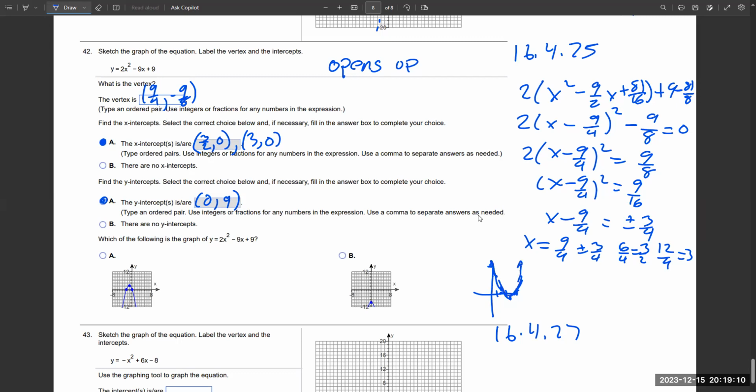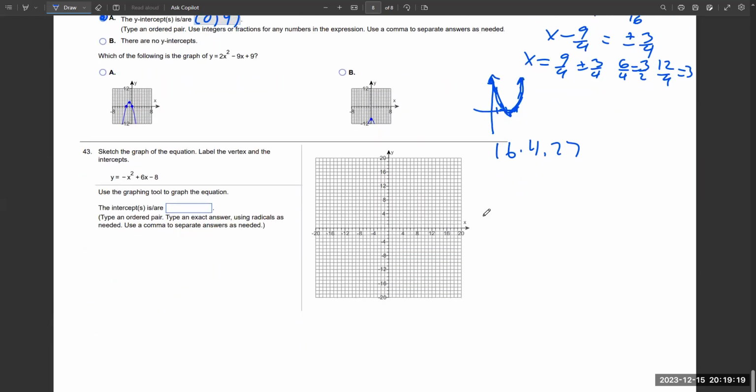It's going to grow rather quickly. So you can see that neither of those open up, so they can't be the right answer. It's going to be something like that.